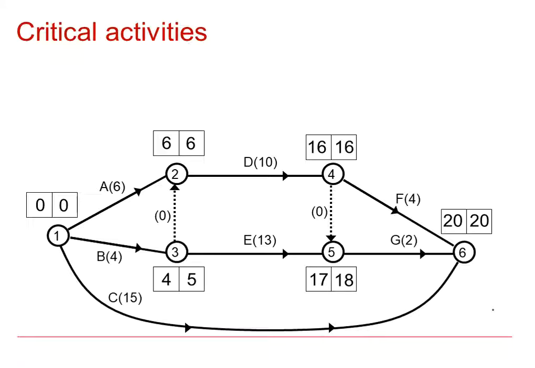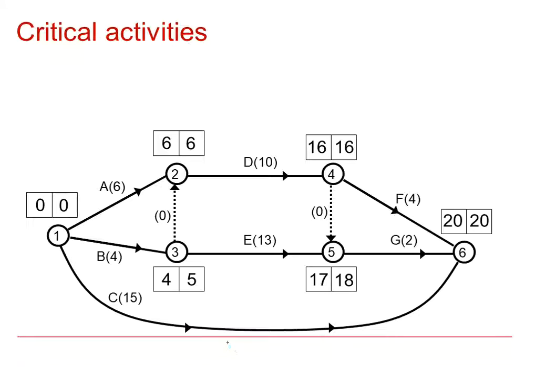If we have a look at this network, the earliest A can start is 0, the finish time is 6, so the earliest and latest finish are both 6, and it lasts for 6. So 6, take away 0, take away 6 is 0, so A has no float and is therefore critical.